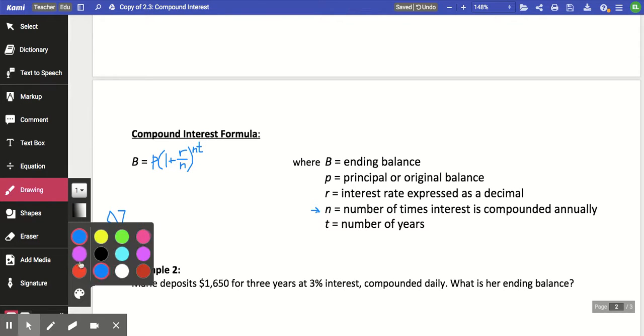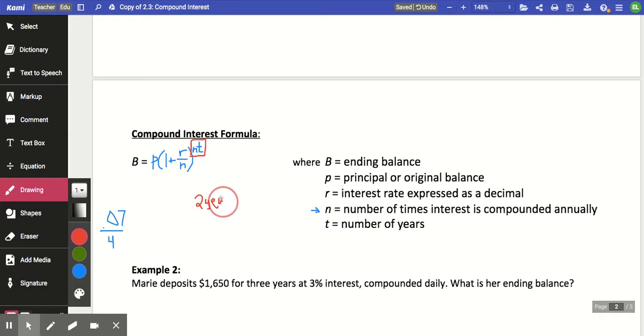And all that is really telling us is how many times we are calculating interest. So if in the previous example I said, how much interest is there after 2 years? Well, since it was being compounded quarterly, and quarterly means 4 times per year, then I'm actually taking 4 times 2, and that's why I had an exponent of 8.